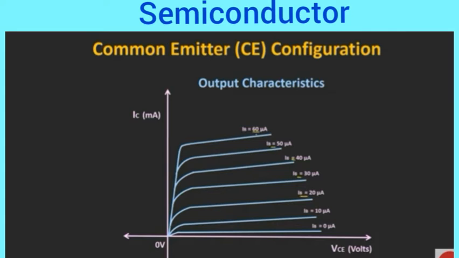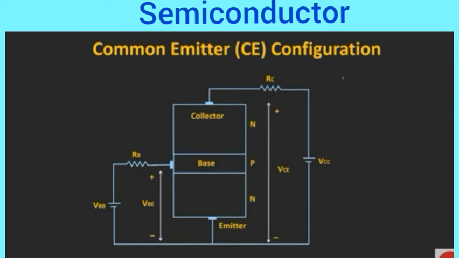In the case of the active region, as the base current IB increases, the collector current IC also increases. But here, unlike the common base configuration, as the value of VCE increases, the collector current IC also increases. That means these collector curves are not totally horizontal, and the reason is that as the value of VCE increases, the collector to base voltage VCB also increases, because as I said earlier, VCE can be given as the voltage VCB plus voltage VBE.